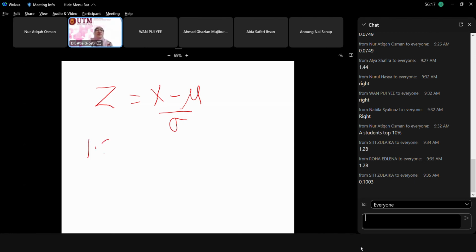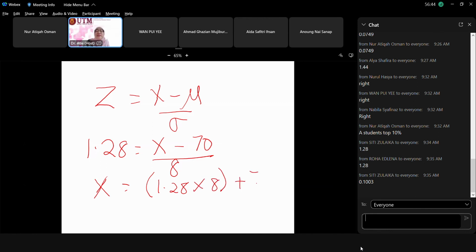So 1.28 equals x, which we are looking for, minus 70, divided by the standard deviation, which is 8. So it means that x is equal to 1.28 times 8, plus 70.